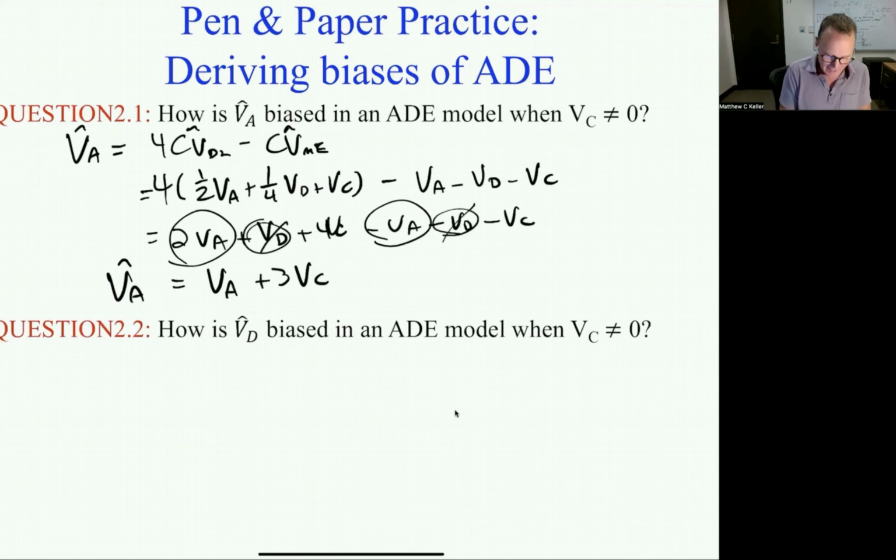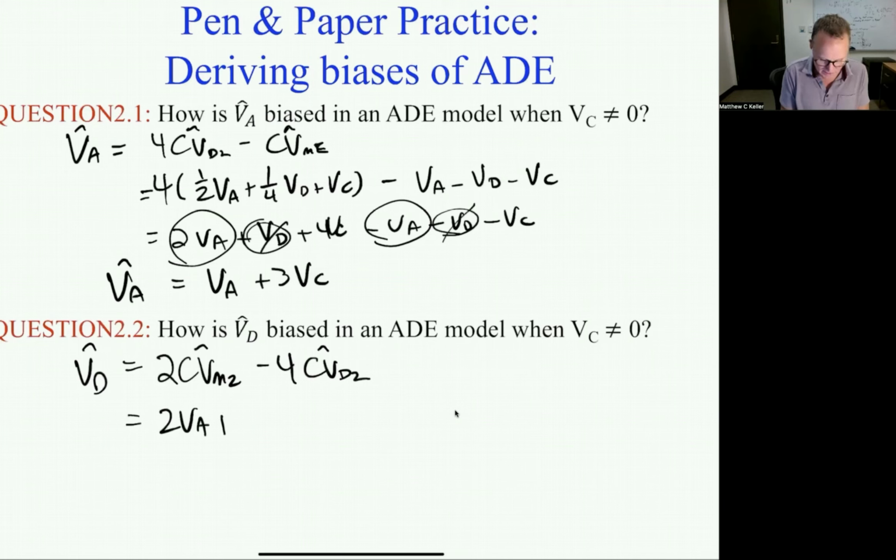What about VD hat? So for VD hat, the estimator there is 2 covariance of MZ minus 4 covariance of DZ. We just put in what we have up here. So this would be 2 VA plus 2 VD plus 2 VC minus 2 VA minus VD minus 4 VC.